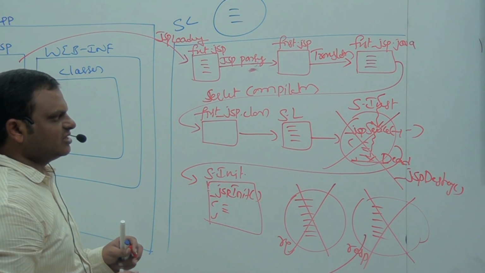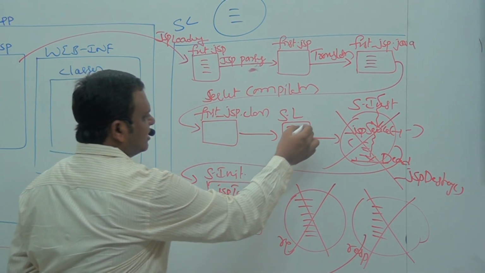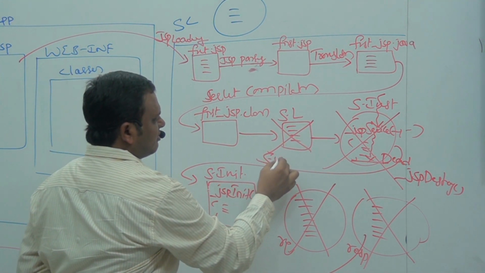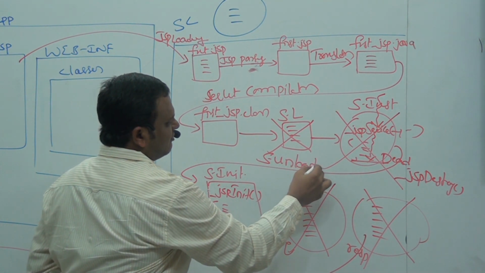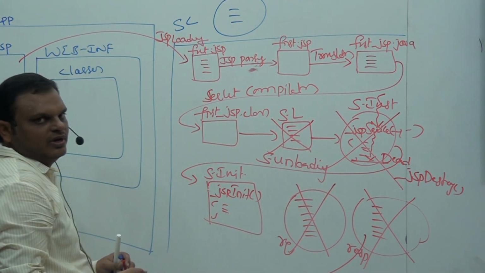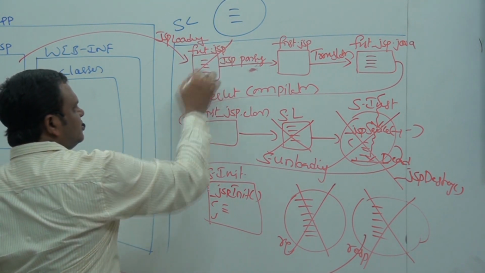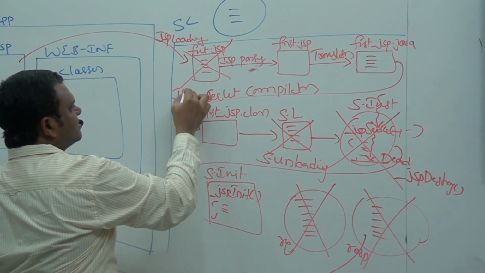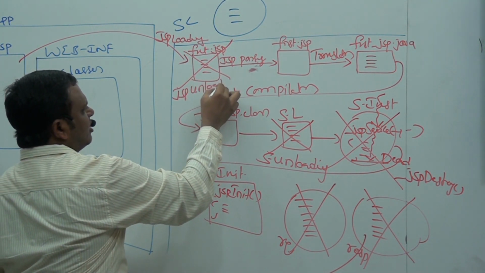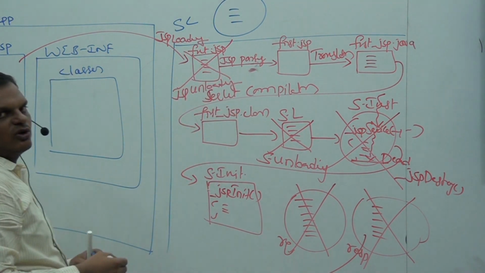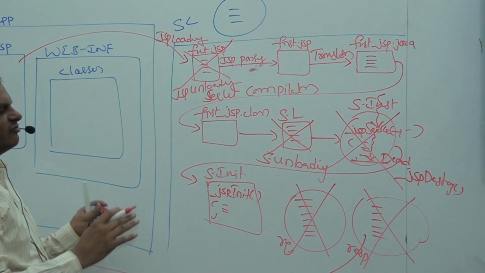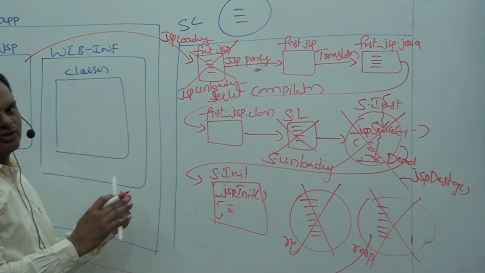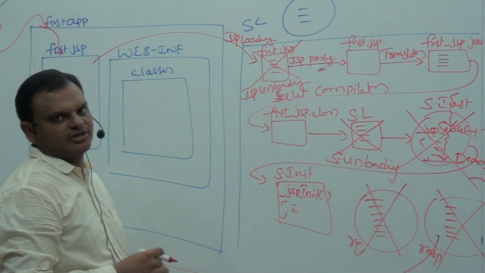Whenever servlet deinstantiation is completed, the container immediately performs servlet unloading, and then JSP unloading. Whenever JSP unloading is completed, entire request processing is completed and the respective JSP execution is completed.